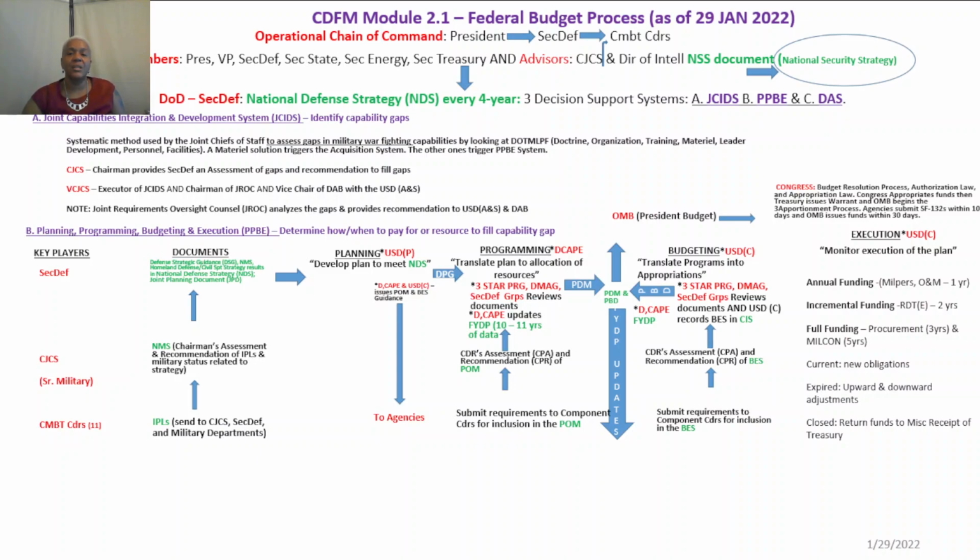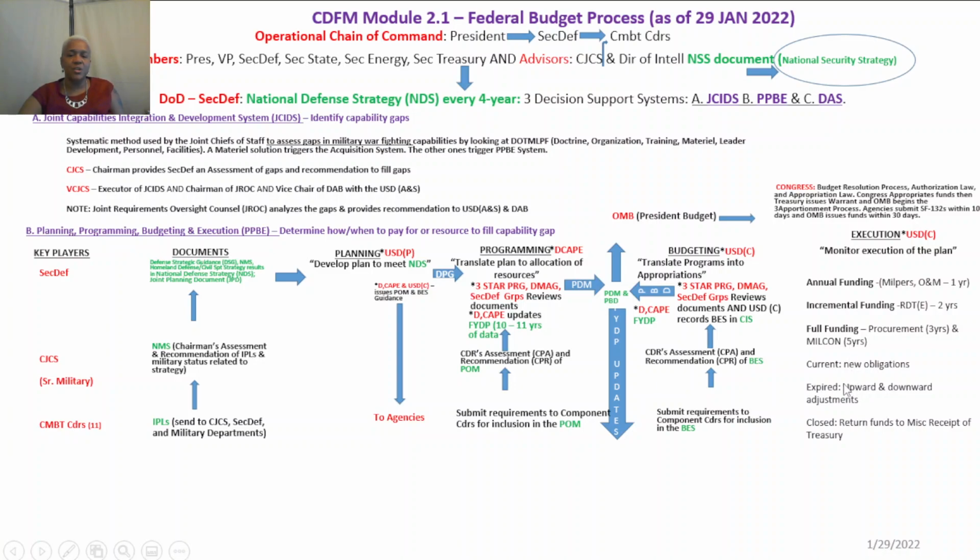Like it's currently 2022, and we're still closing out bills from 2017, 18, 19, 20. That's the kind of work that we do. We're still working expired appropriations, even if they're 1, 2, 3, or 5 years. That means they're good for new contracts for 5 years.